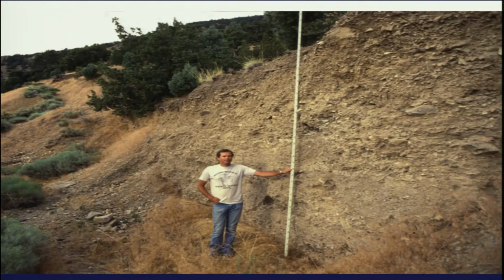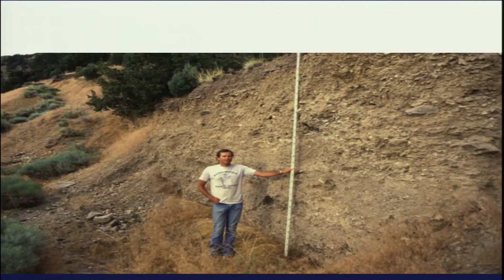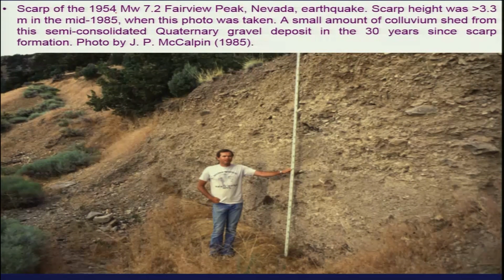Another example of a normal fault was the 1954 Nevada earthquake with magnitude 7.2. The scarp height was greater than 3.3 meters in mid 1985 when this photo was taken. A small amount of colluvium has been shed from this semi-consolidated Quaternary gravel in the period of 30 years since the scarp formation.